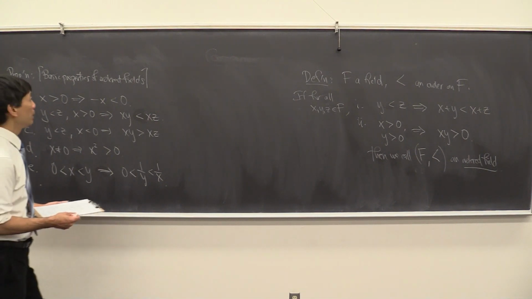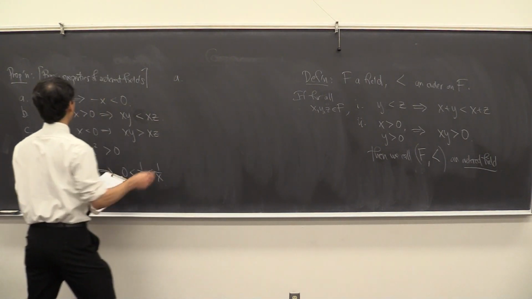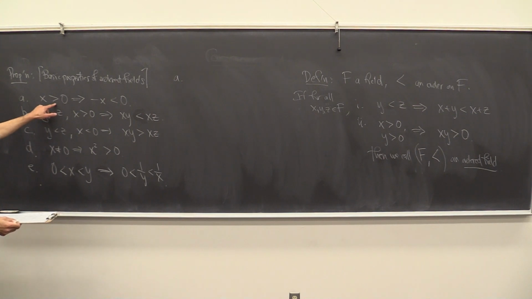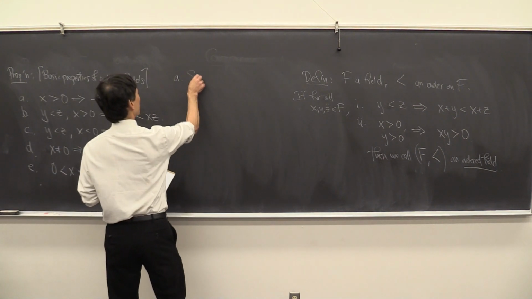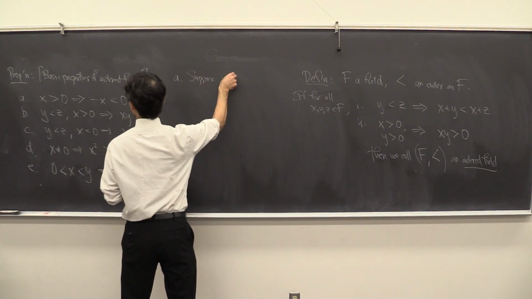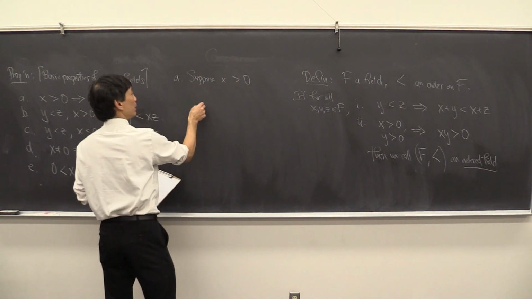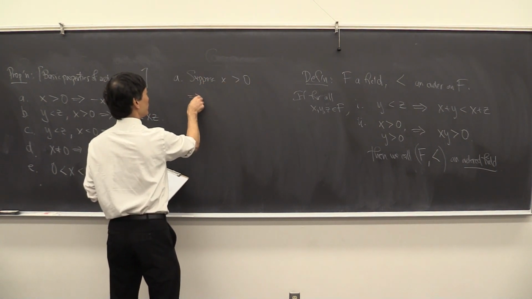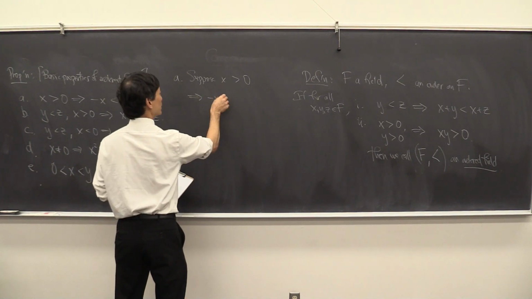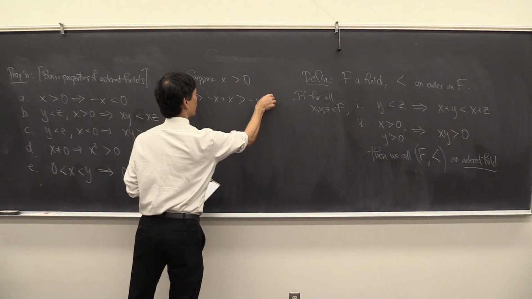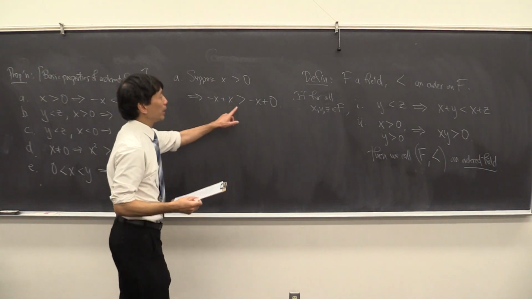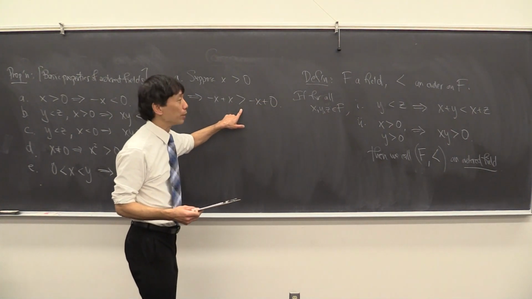Let me just do a couple of them. The first one, suppose x is greater than 0. This one's straightforward. You add negative x to both sides, and the inequality is preserved.